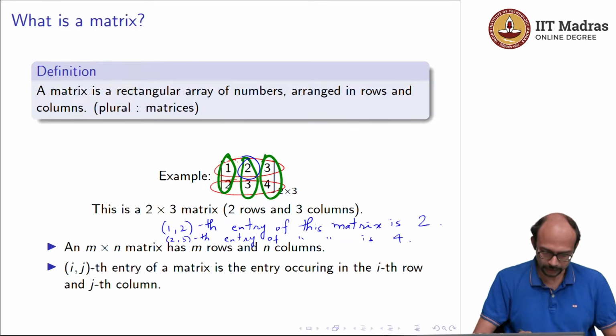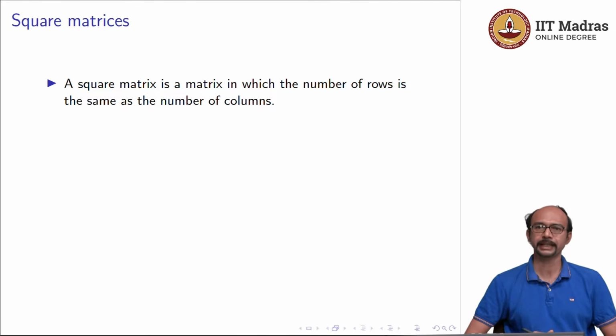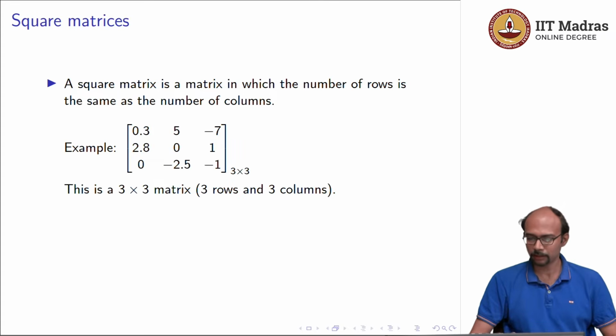Okay, so let's move on and look at some special kinds of matrices. As we saw, matrices are rectangular arrays of numbers. A special shape within rectangles is the square, right? So let's talk about square matrices. A square matrix is a matrix in which the number of rows is the same as the number of columns. Here's an example.